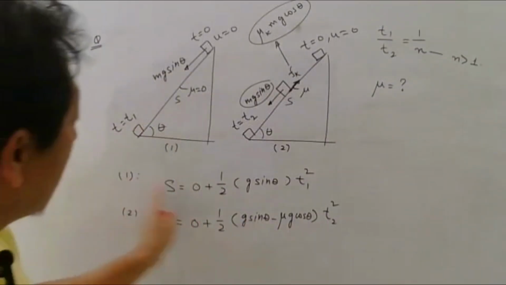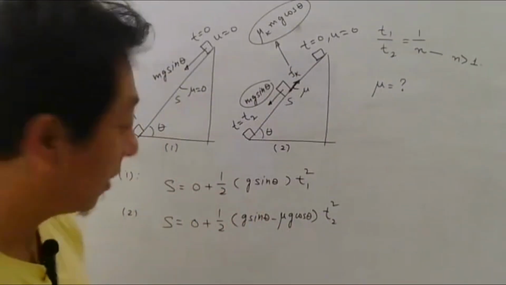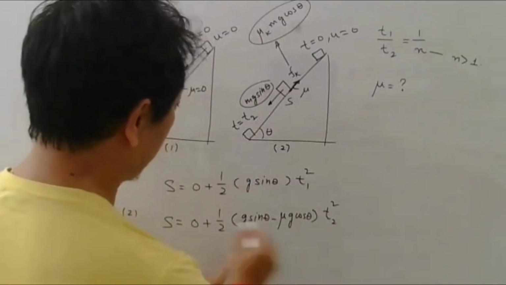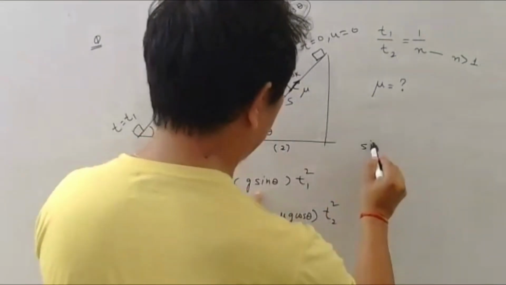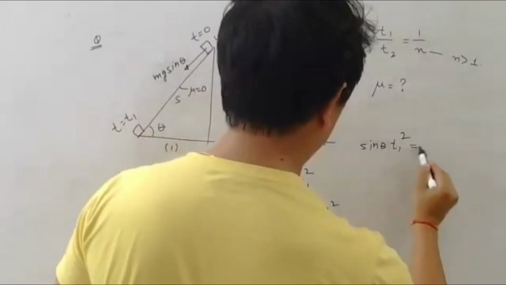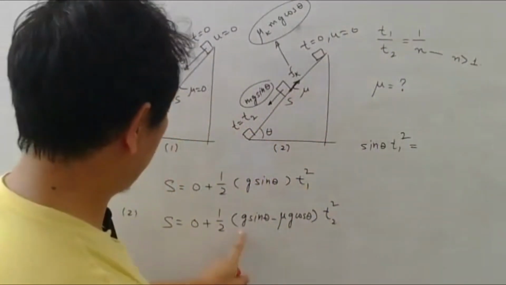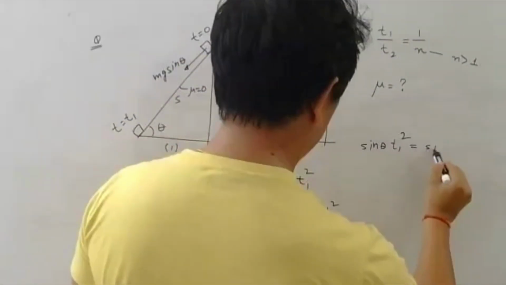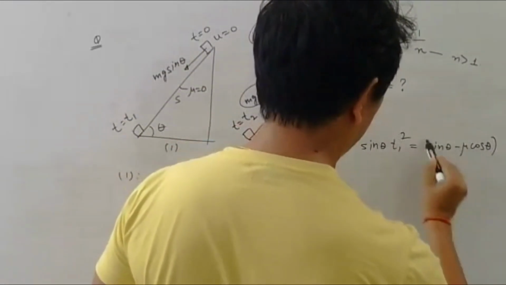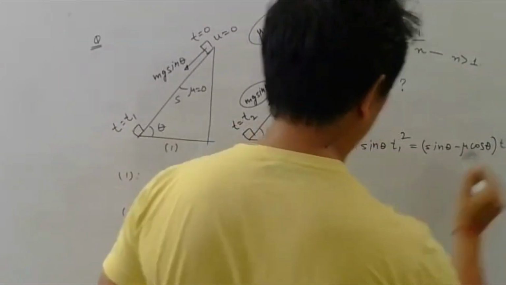Now, since both of them are representing the same displacement, you can equate these two. So half half will cancel, g common will cancel. So you will get sin theta t1 square will be equals to sin theta minus mu cos theta t2 square.